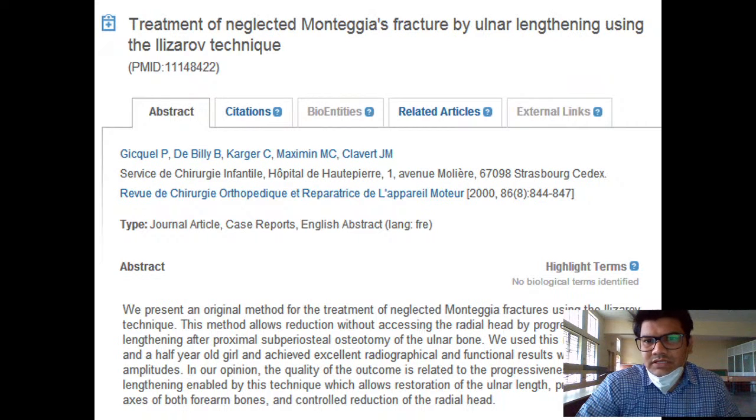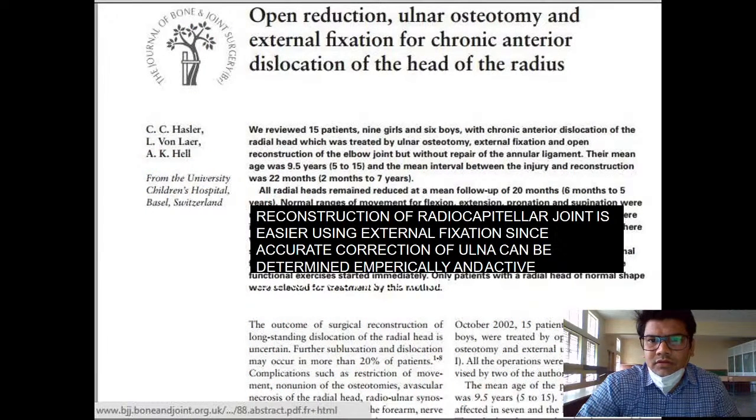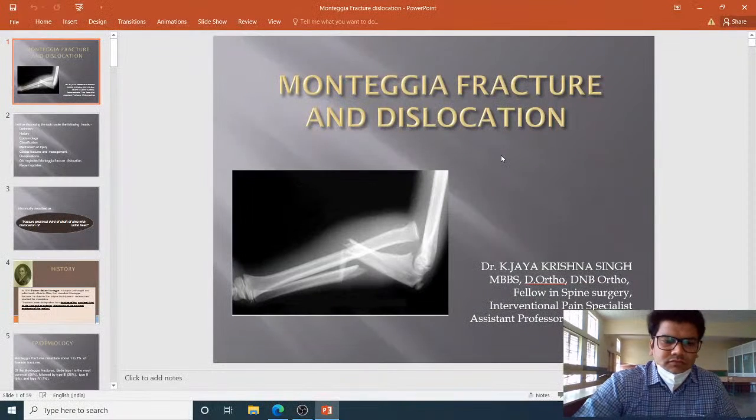A neglected Monteggia fracture can also be treated by ulnar lengthening using the Ilizarov technique. Reconstruction of the radiocapitellar joint is easier using external fixation, since accurate correction of the ulna can be determined empirically. Thank you.